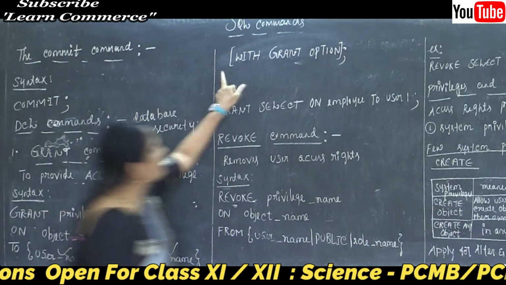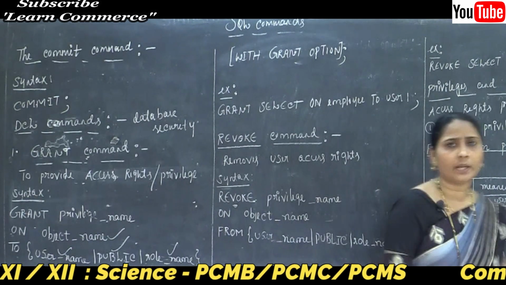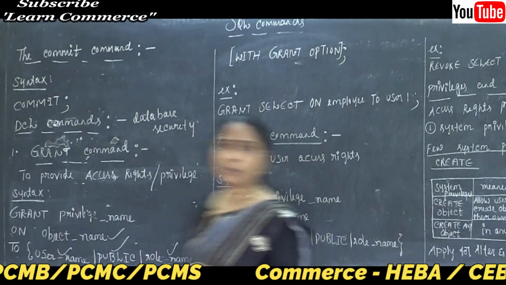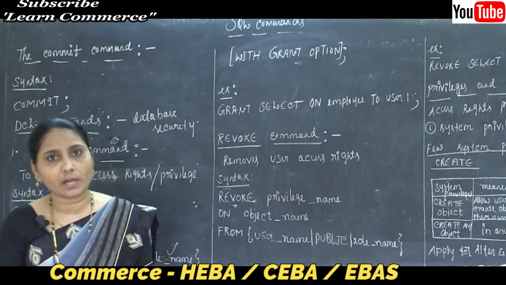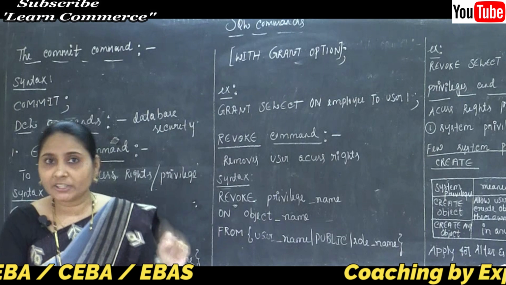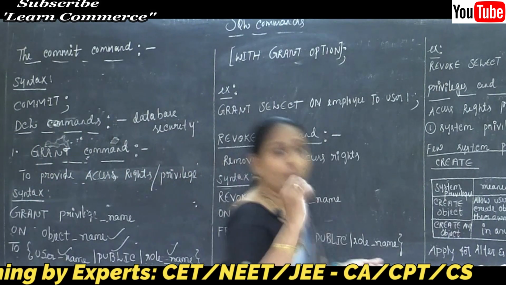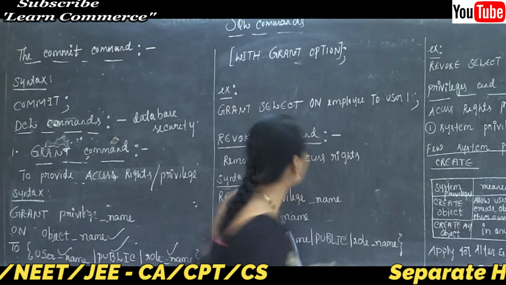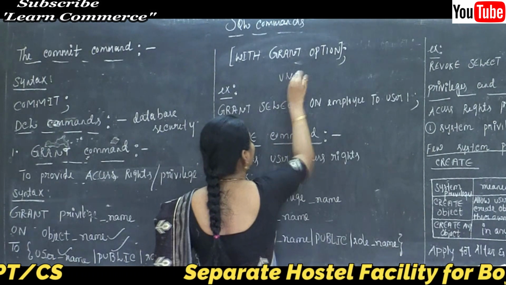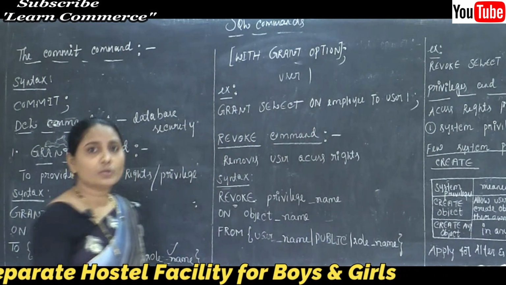Now, what about the with grant option? The with grant option means it allows the user to grant permission to another user. We already granted the permission maybe to one user, the name of the user is user 1.